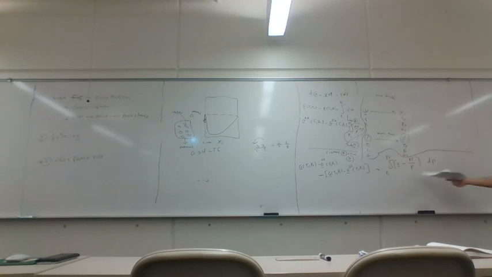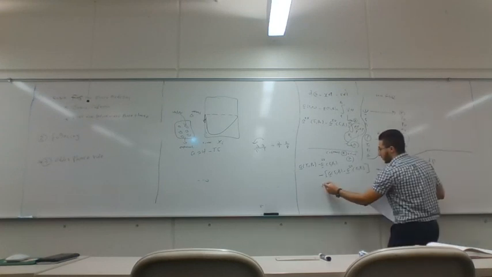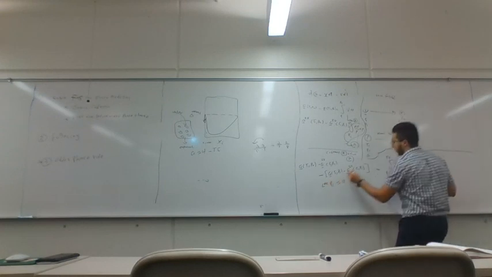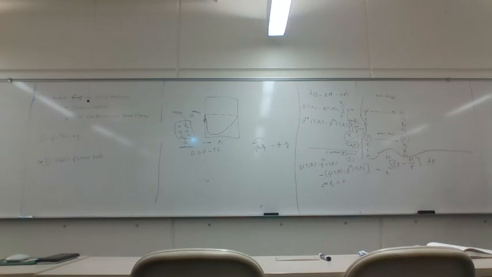So I will assume that P1 is 0. So what happens for a real fluid when the pressure is 0? It's an ideal gas, right? So if I have a real fluid and make the pressure 0, it's an ideal gas. Anything at P equals 0 is an ideal gas. Anything at volume equal to infinity is an ideal gas. This is the main assumption of an ideal gas.